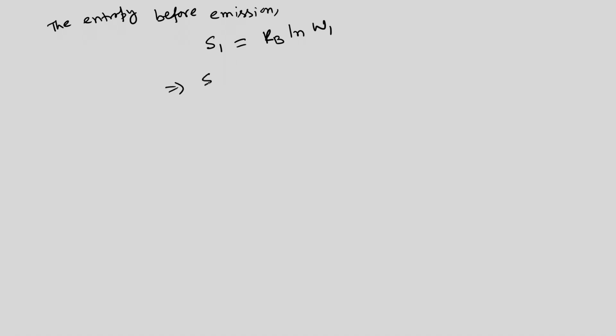So, we get S1 is Kb ln of N1 plus N2 factorial by N1 factorial times N2 factorial.